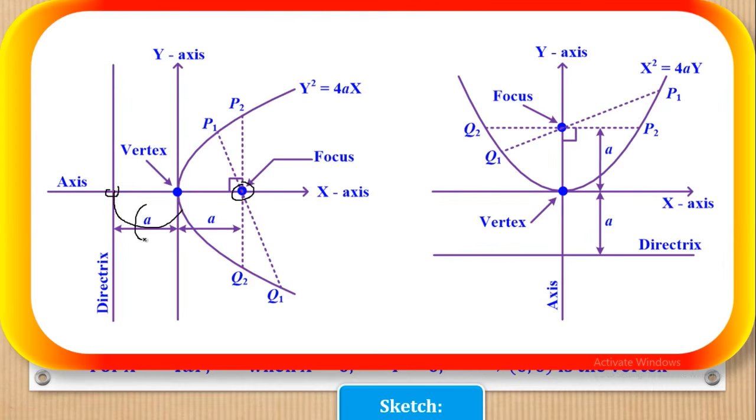For example, this is distance a, and this is also distance a. So these terms are very vital because they will be used when we are sketching. Similarly, if it is in this form, still this will be the focus, this will be the directrix, meaning that the distance from here to here is equal to the distance from here to here.